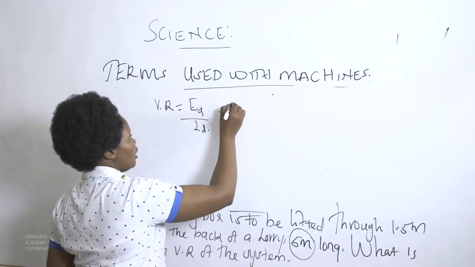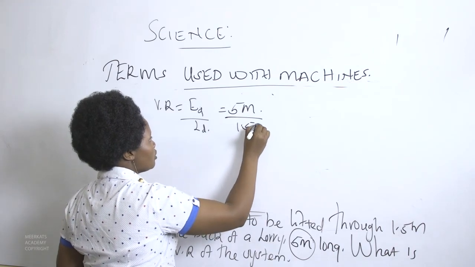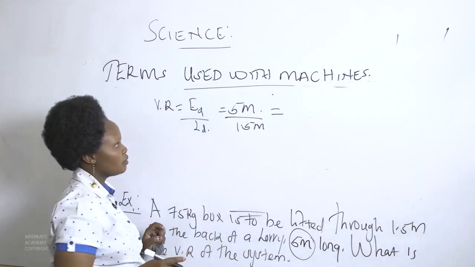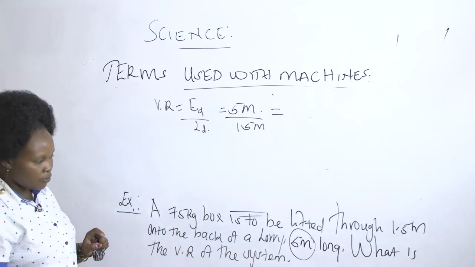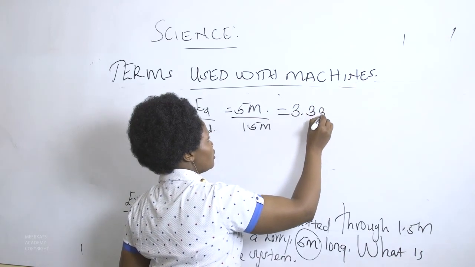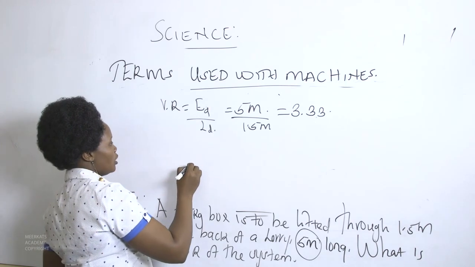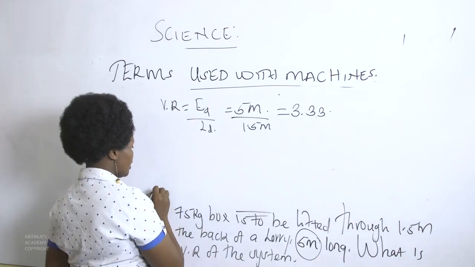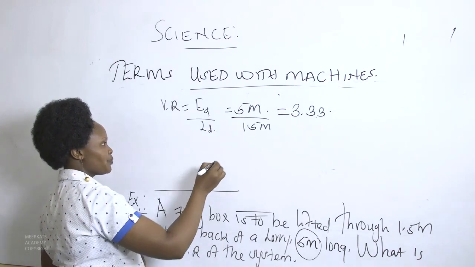Therefore, our velocity ratio now becomes 5 divided by 1.5, and that should give you 3.33.